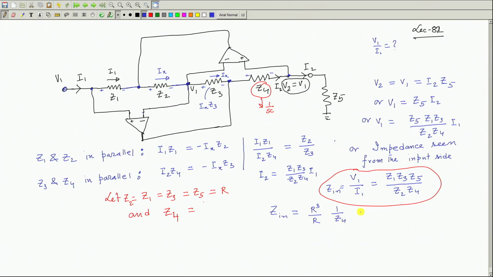And I can say that this is R square by Z4. Therefore, the input impedance seen is the reciprocal of Z4.